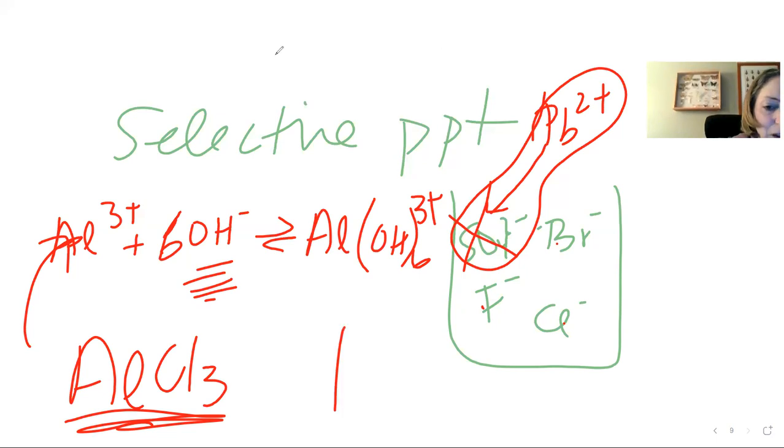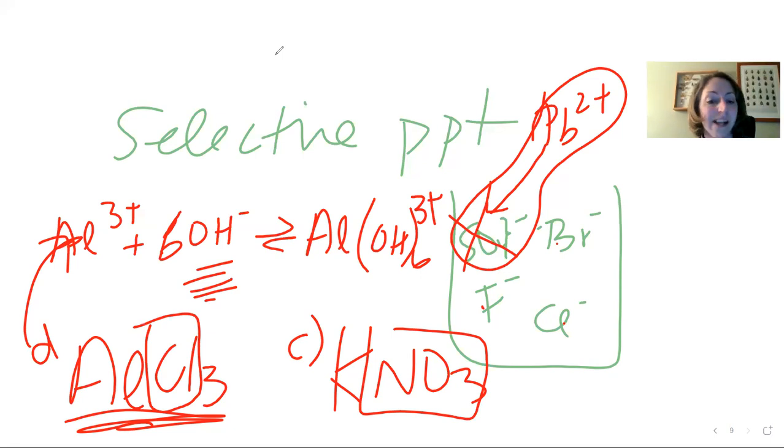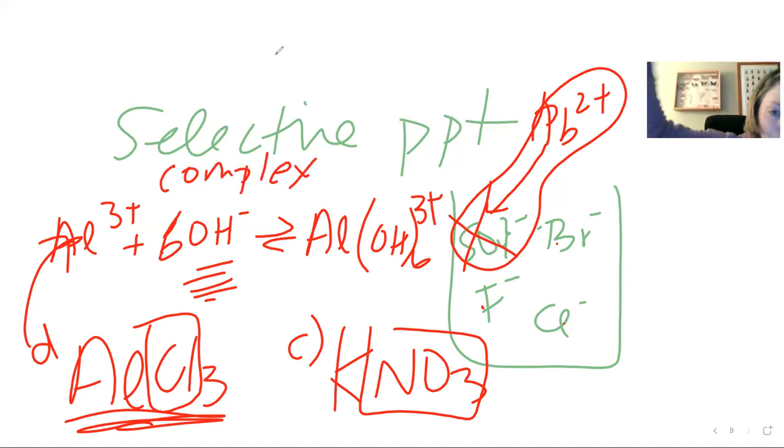I'm not the biggest fan of that question, but going back just to be more clear, you probably narrowed it down between choice C and choice D. They seem pretty similar because they both have conjugate bases of strong acids, so they should not be affected by low pH. But as we said, D has this little trick that it does complex ion formation with hydroxide. So in high pH, it's going to make this complex ion, which will increase its solubility. And C is not going to do anything like that.